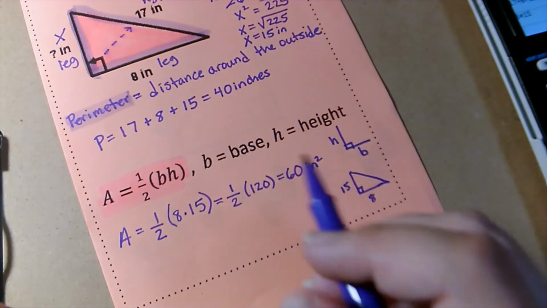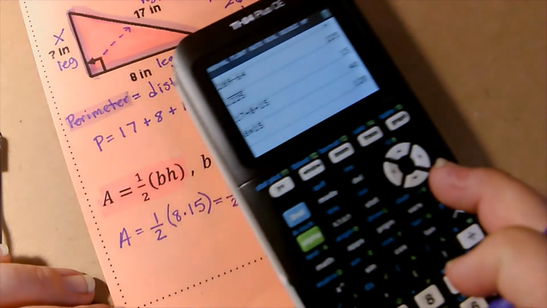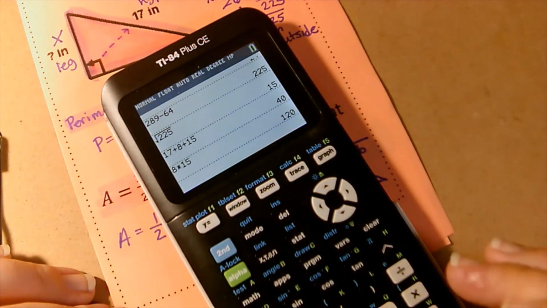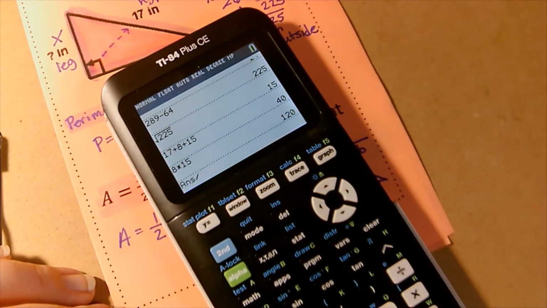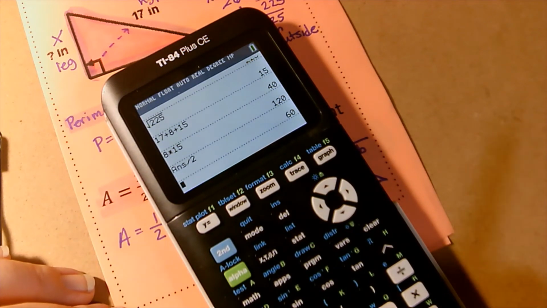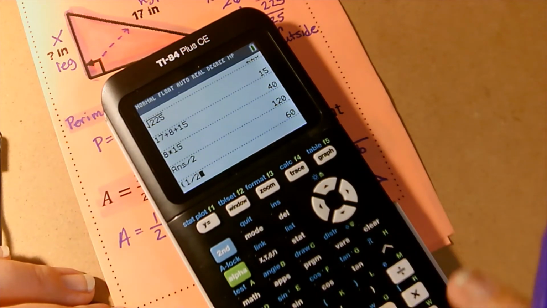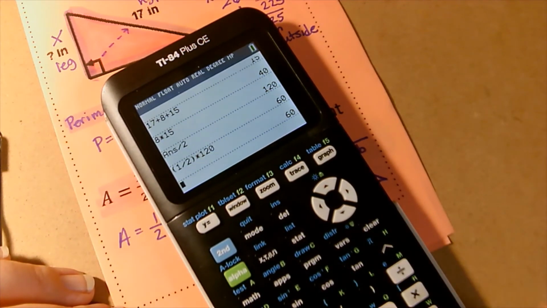Now, how did I do that? Well, there's a couple ways. First, in my calculator, I did 8 times 15. If I want a half of it, I can do it 2 ways. I can divide by 2 to get 60. Or I can do 1/2, if I put it in parentheses, 1/2 times 120 to get 60.